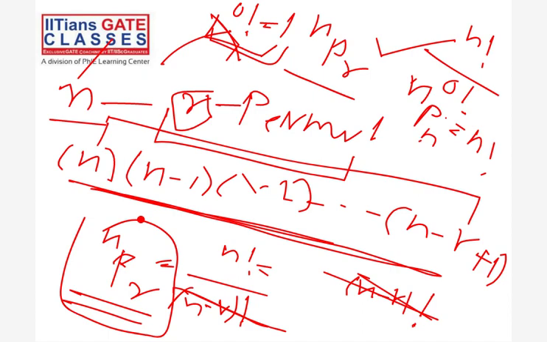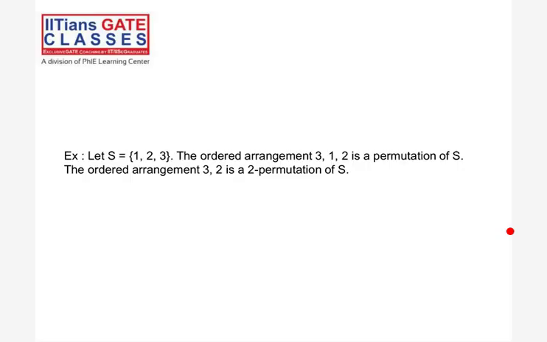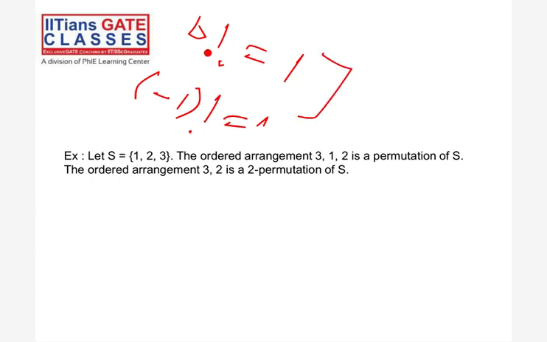Also, while talking about these things, let me tell you that 0 factorial is 1, and if I have any negative number, for example minus 1 factorial, then that will be 0. Just remember these things. These are conventions basically: 0 factorial is 1, and any negative number's factorial will be 0.